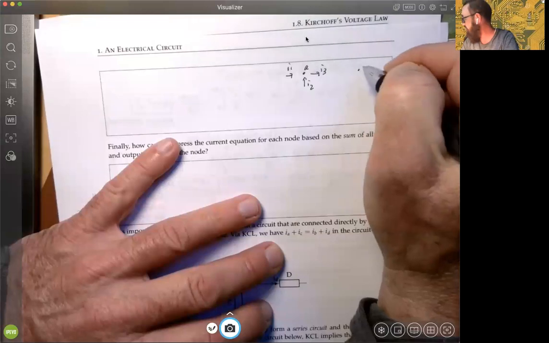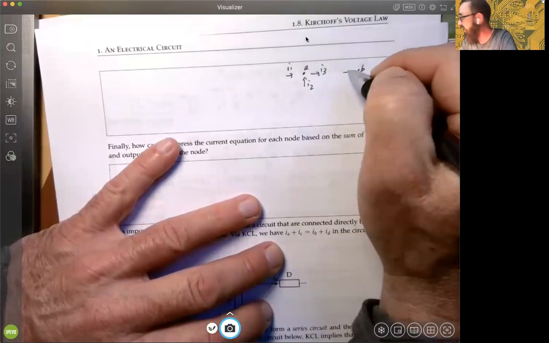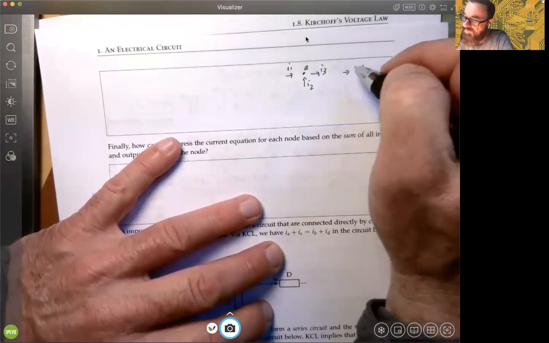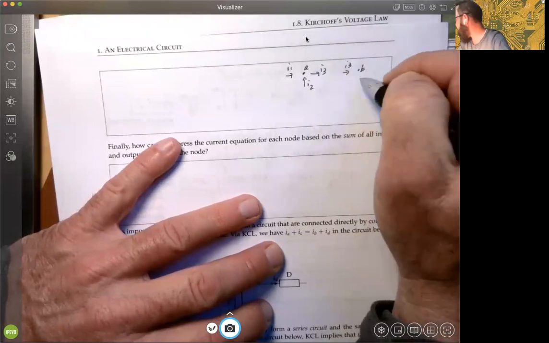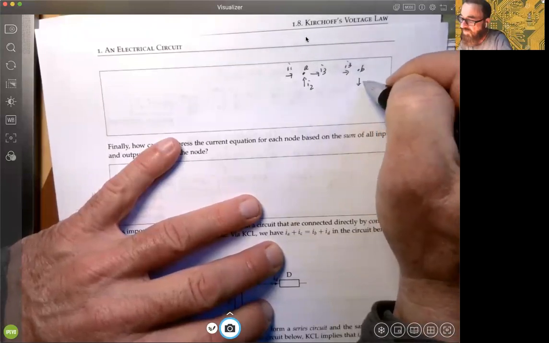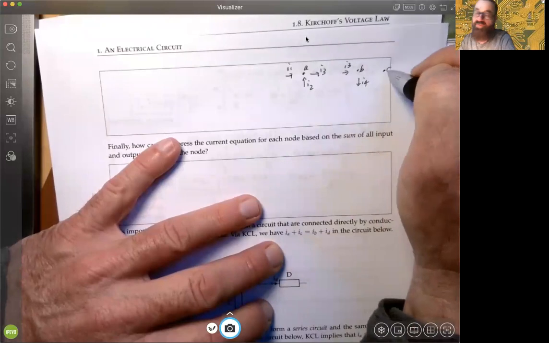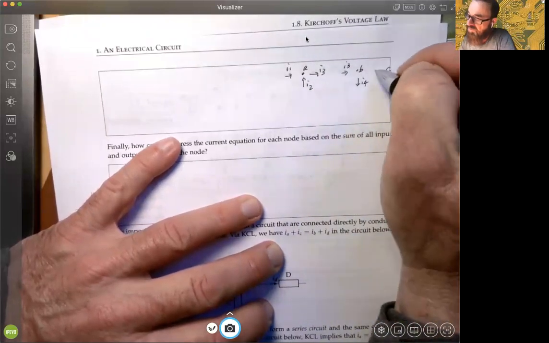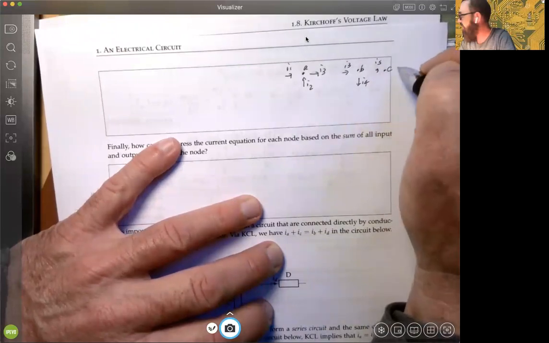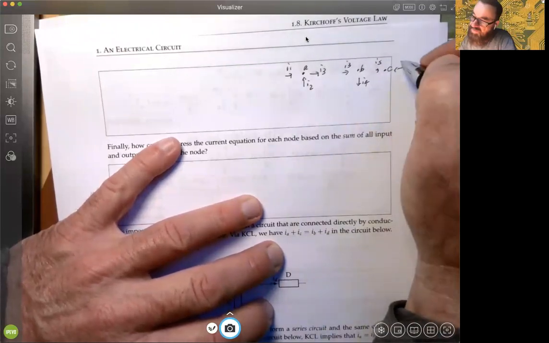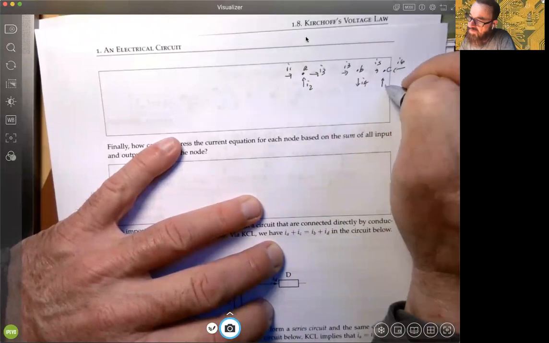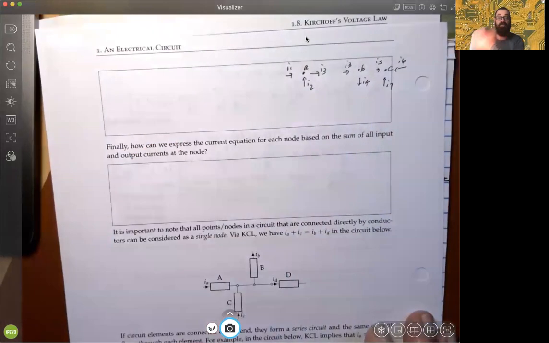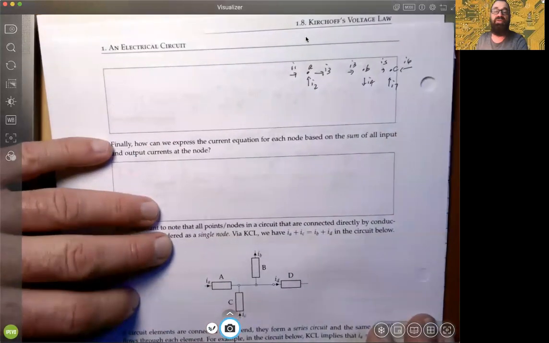For node B, we had an incoming I3 and an outgoing I4. And finally with node C, we had three incomings: I5, I6 on the right, and I7 coming in here. So that's just restating what we had in the previous figure.